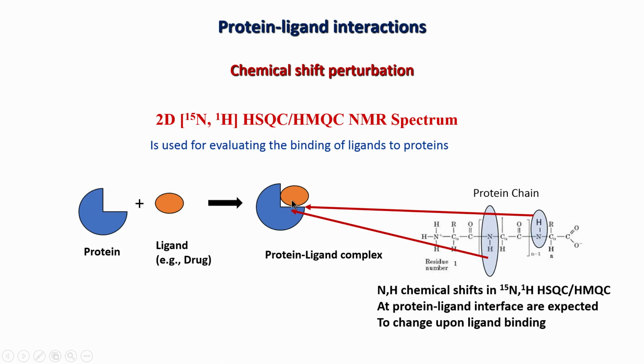Why do we expect it to change? The reason is that a small change in the structure will happen at the interface. Not only that, the chemical environment of these amino acids before adding the ligand will be different from the chemical environment when the ligand is bound to the protein.